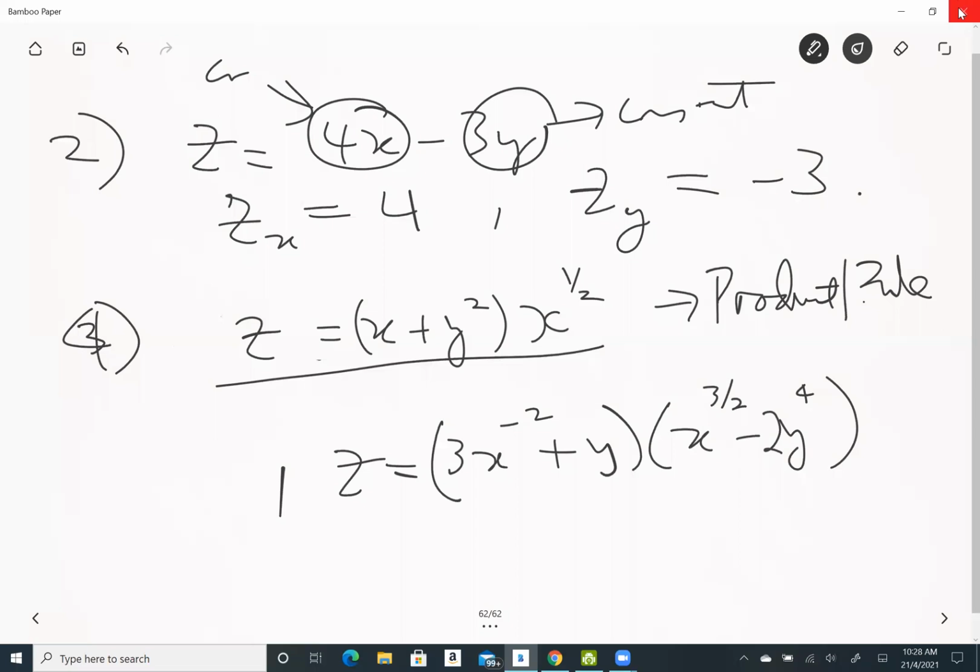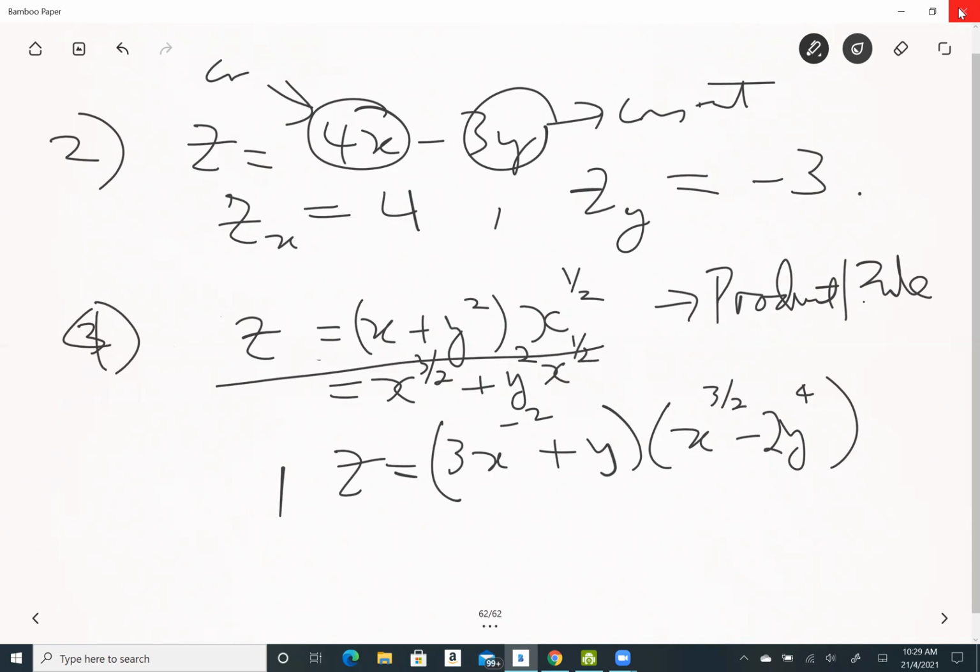So the first one, he just does it like this. You multiply out, simple. Okay, so you'll see here, you got x to the power of 3/2, plus y squared x to the power of half.